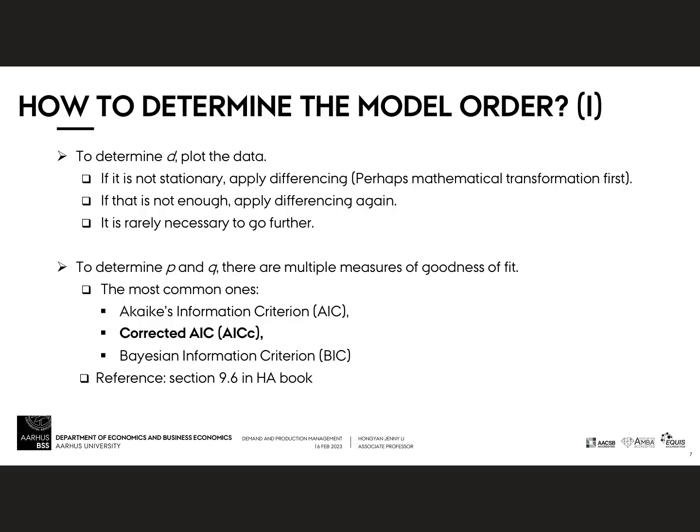So then we come to the question of how to decide the model order, or in other words, how to decide the d values, p values, and q values. Regarding the d value, you basically plot the data and see how many times you need to difference the data in order to get a stationary time series.